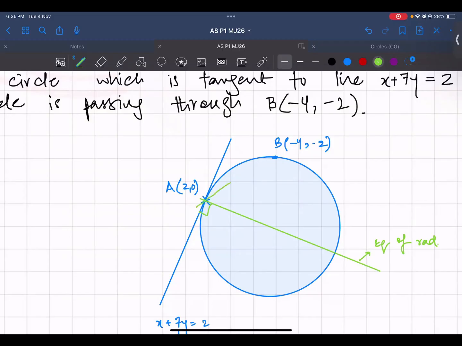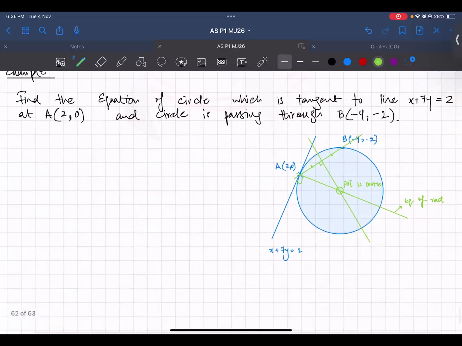And this is a chord: if I join these two points A and B, this is a chord. And the perpendicular bisector of the chord also passes through the center. Right? And then we will solve them simultaneously. The point of intersection is the center. है ना?